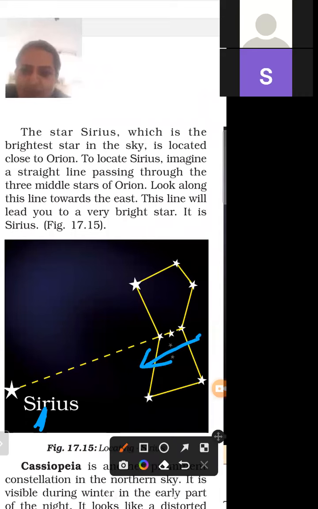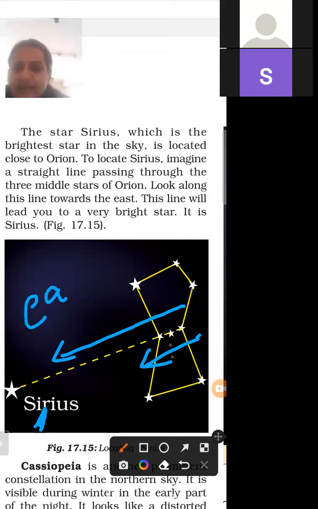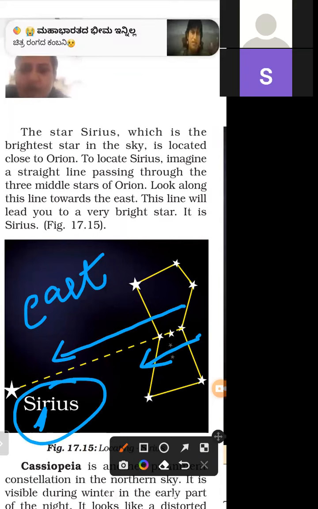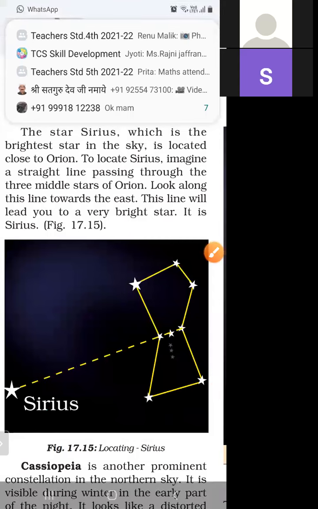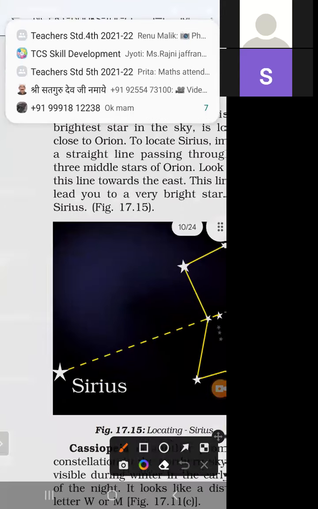You have to find a line passing through these three middle stars, and you look along this line towards east. This line will give you the position of the brightest star, Sirius. How can you locate this star?